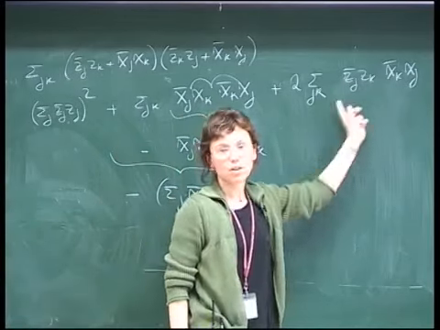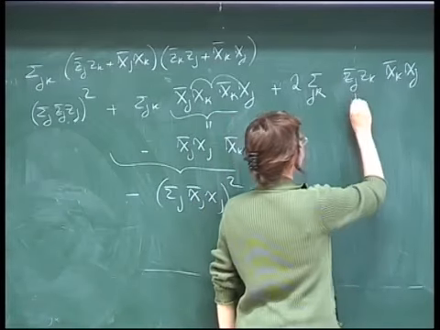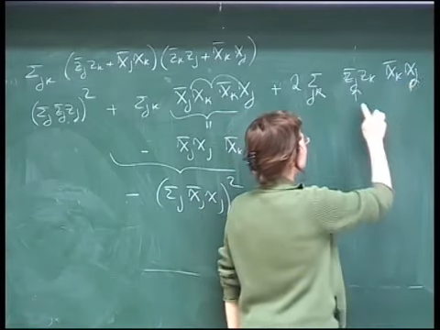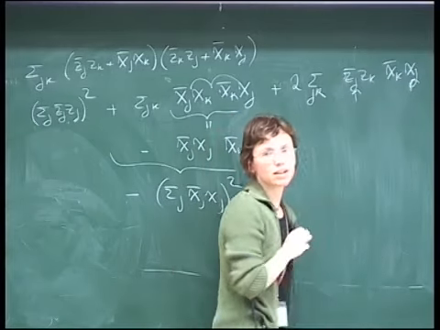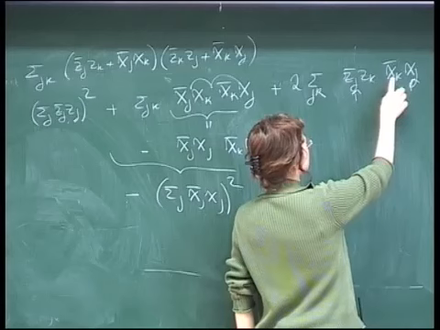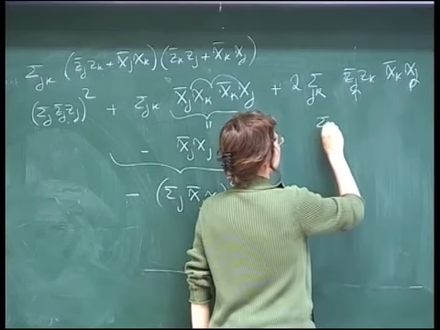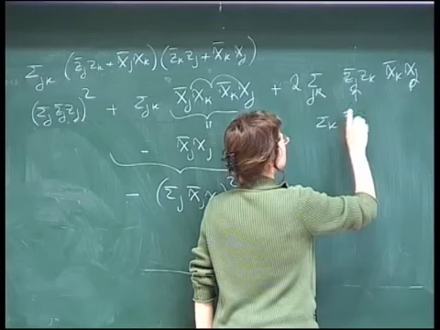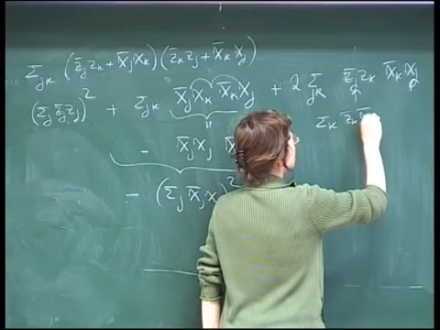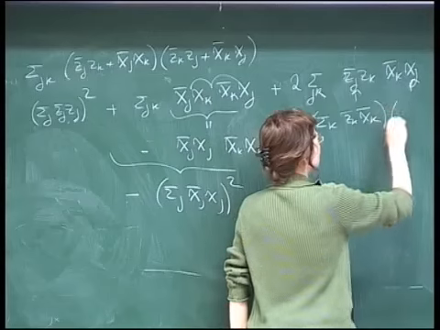Here, well, I want to put the terms with j next to each other. But one is a z and the other is a chi. And same thing here. So this is sum over k, z k chi bar k times.